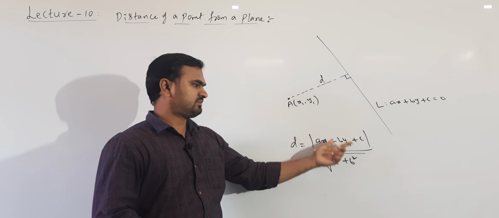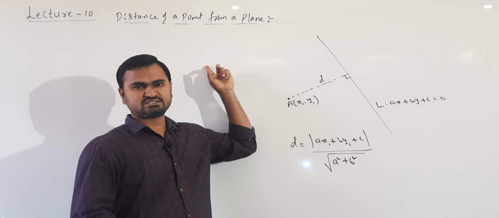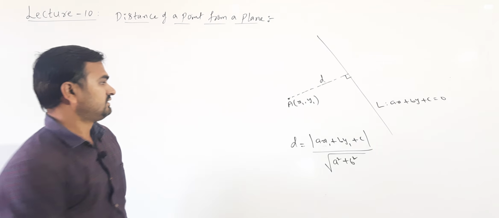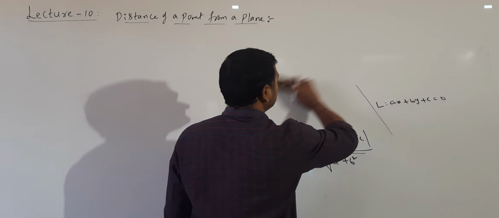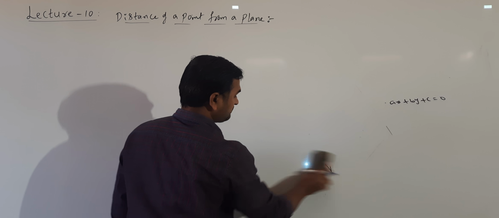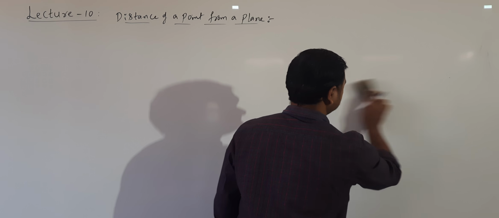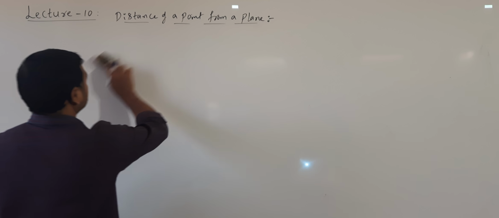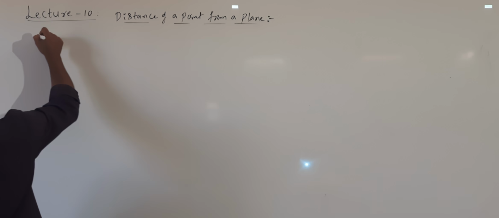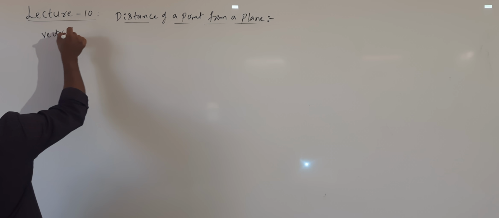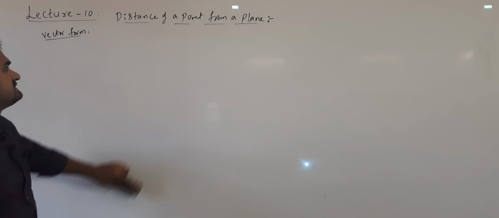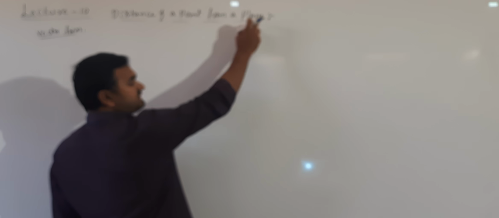Okay, so a similar type of formula we will get here, distance of a point from a plane. Again here also we can write the formula in terms of both vector and Cartesian form. So first we write in vector form. The point is given and the plane is given.